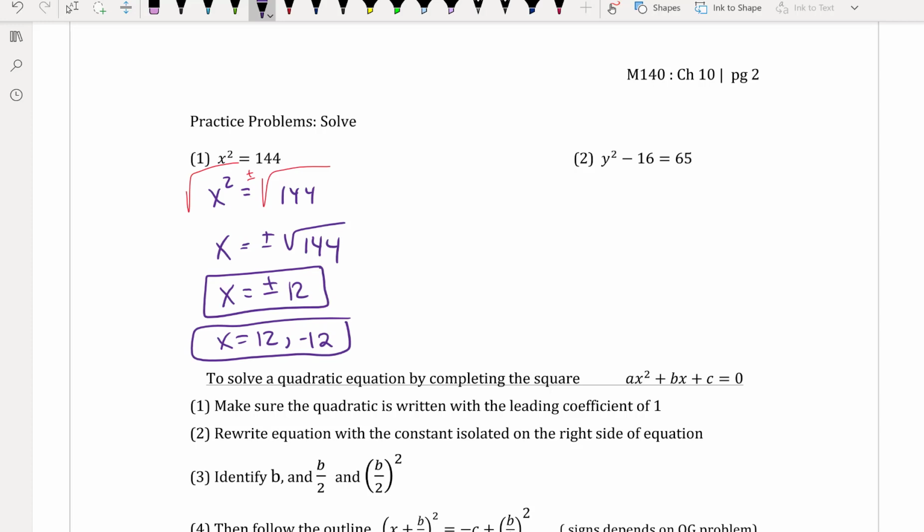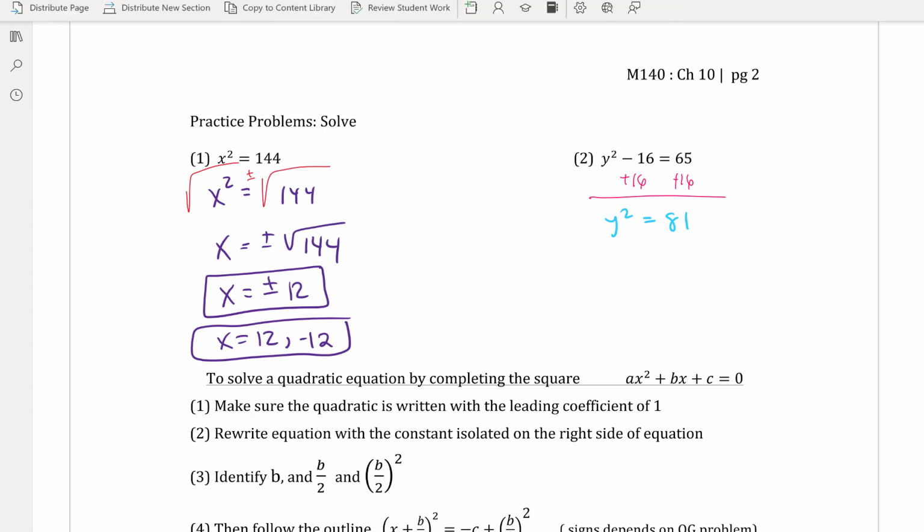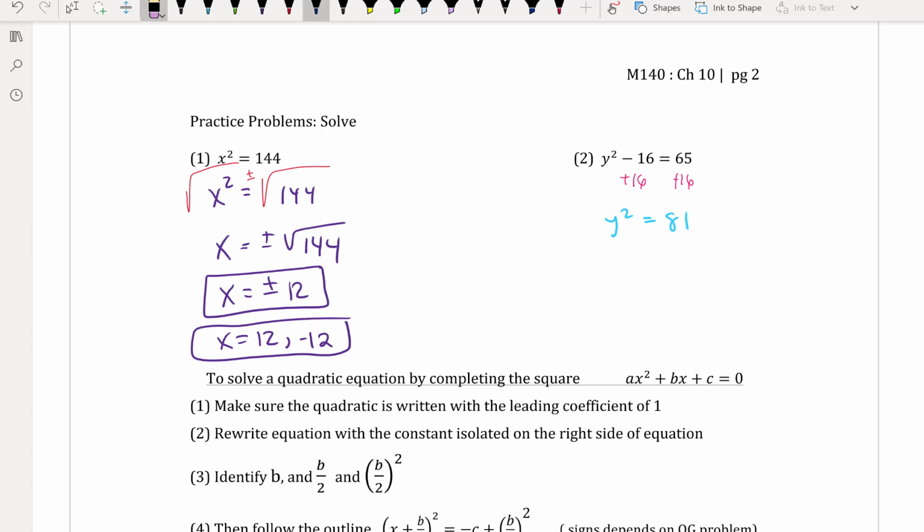Okay. So for my next one, I'm going to get the y squared isolated. So I'm going to add 16 to both sides. So I'm going to have that y squared is equal to 65 plus 16, which is 81. So then from here, I have to square root both sides. Oops, wrong color. Let's do red here.